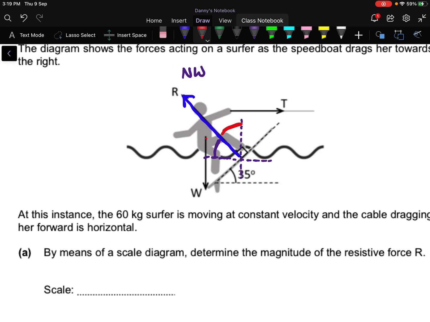Down here, if you zoom in, there is a triangle that gives you this angle, which is 35. If this is 35 and this is a 90-degree angle, because this bearing is a vertical line, then you know that this purple shaded angle will be 90 minus 35.